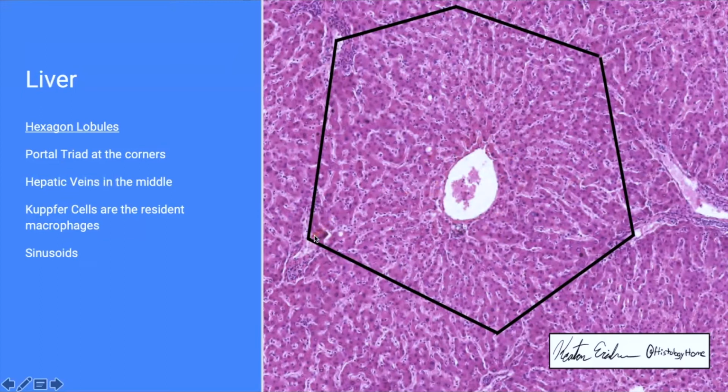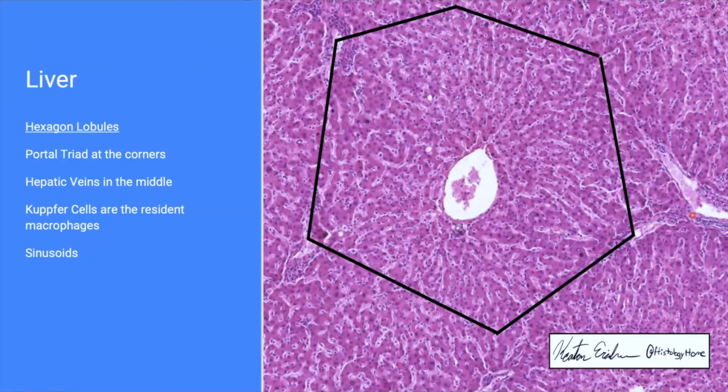And then we have corners that are made up of portal triads. So we're not seeing, like I said, a perfectly defined liver lobule here, but we can start to see some structures here, here, here. And if I were to zoom in here, we would see remnants of 3 vessels.